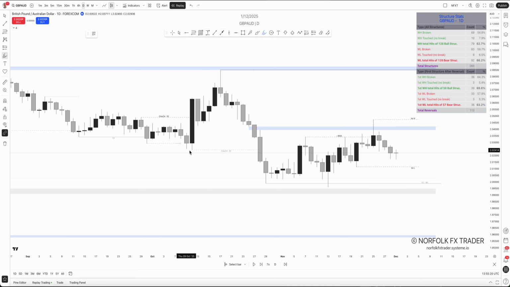We're first going to look at this here where we see the break to the downside. A valid break is only created once we see a candle closing through that structure. Now this is for a bearish market. It'll be slightly different for a bullish market, but potentially we'll look at that later. When we see this candle closing through, we look back for the last candle that closes up.